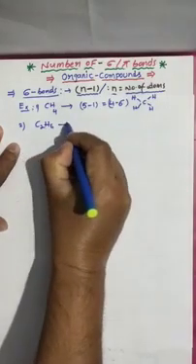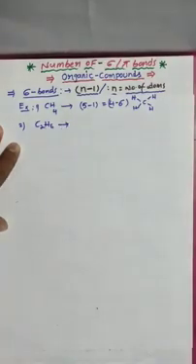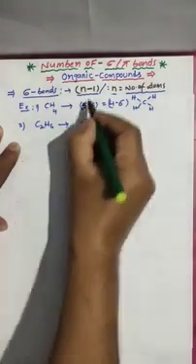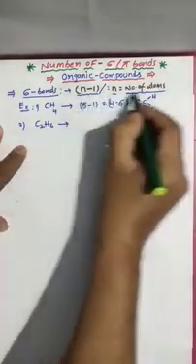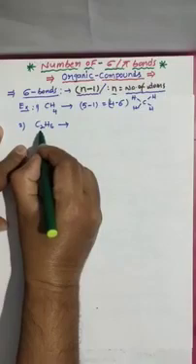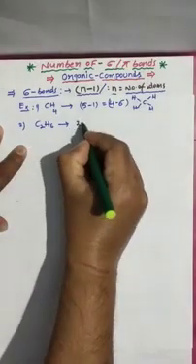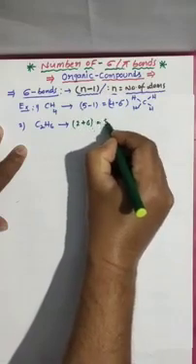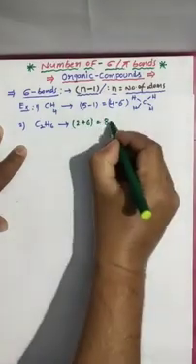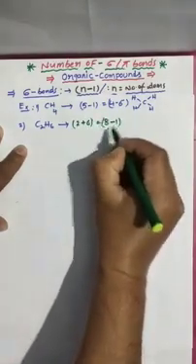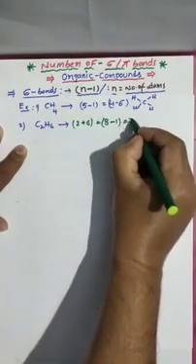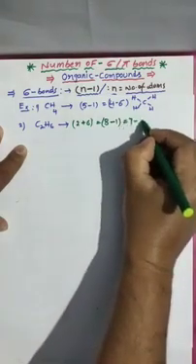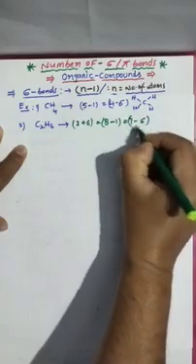C2H6, ethane. N minus 1. Number of atoms: 2 carbons plus 6 hydrogens, that equals 8 atoms. Minus 1, that equals 7. 7 sigma bonds.